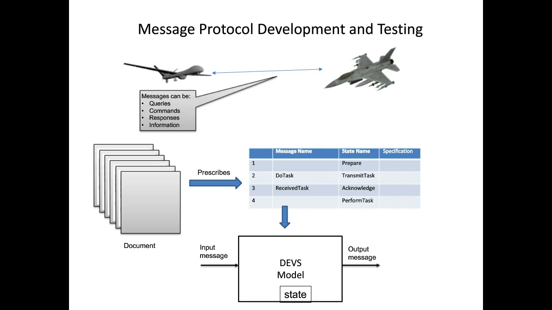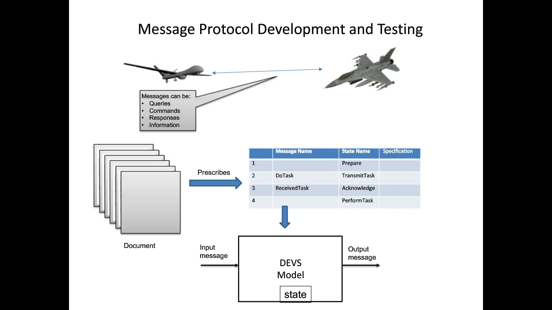You can think of what's going on as extending an existing document that describes in thousands of pages the protocol. But in order to test it, it has to be converted into a testable form, and that form is, in our approach, actually a DEVS model.